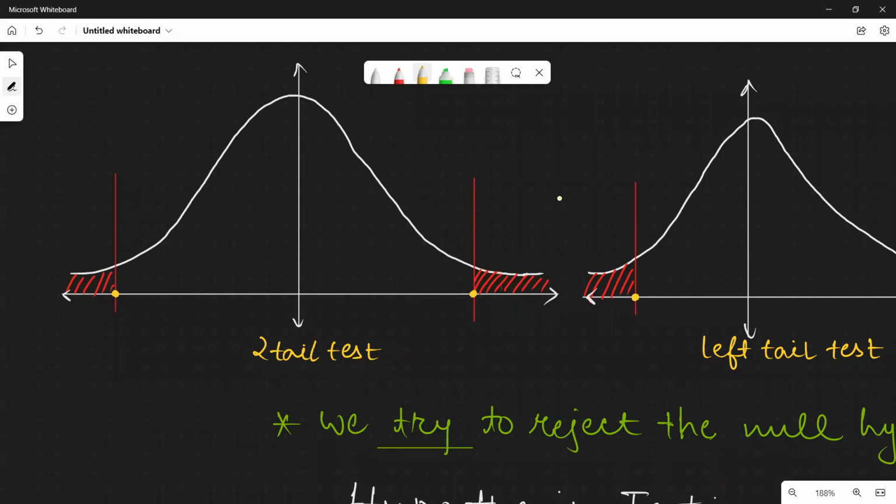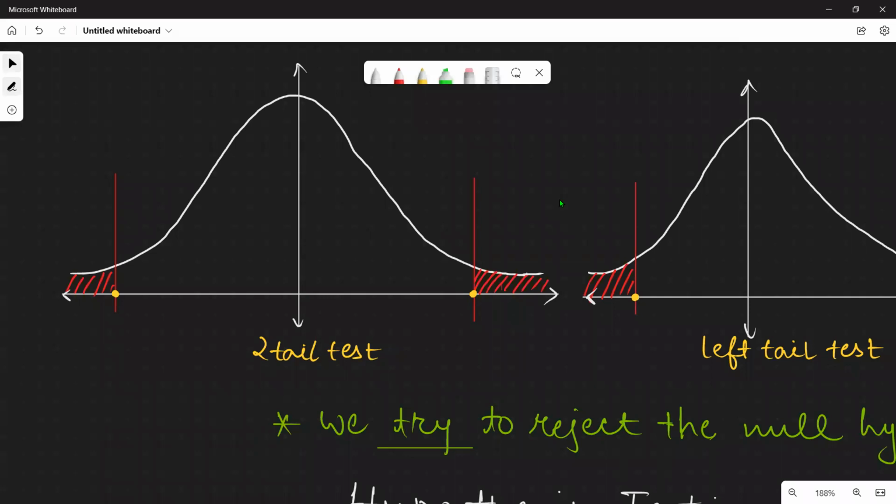So how do we develop these rejection regions? For that, we have to get into something called the validation techniques. For example, you have something called Z test, T test, ANOVA, chi-square test.